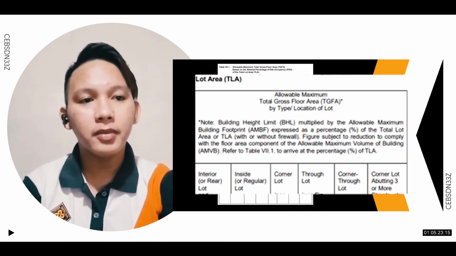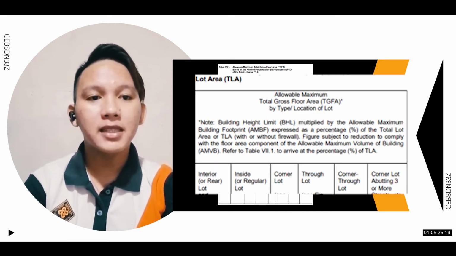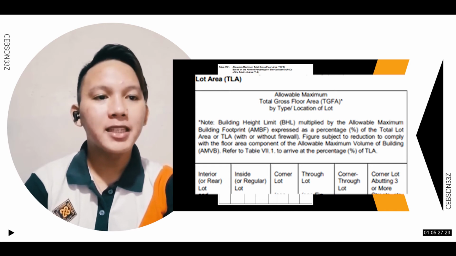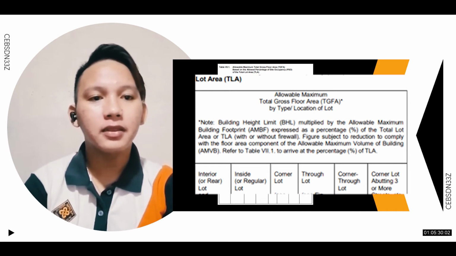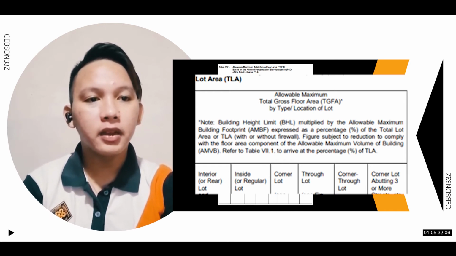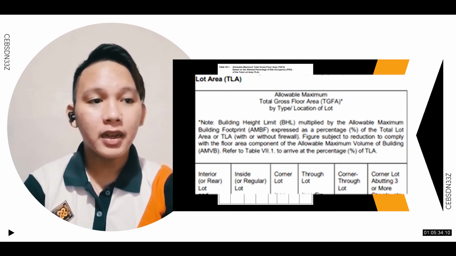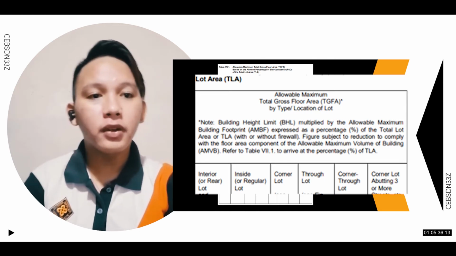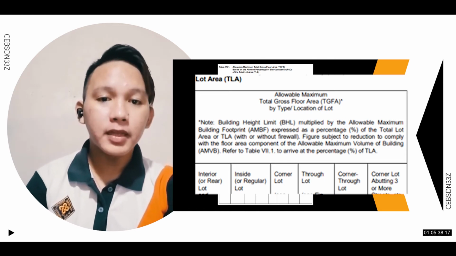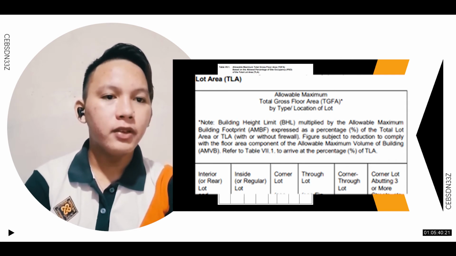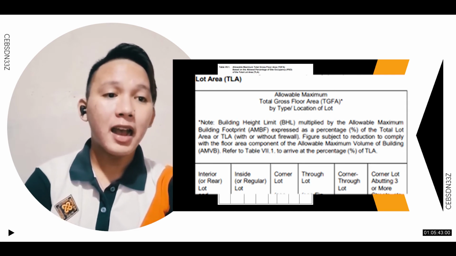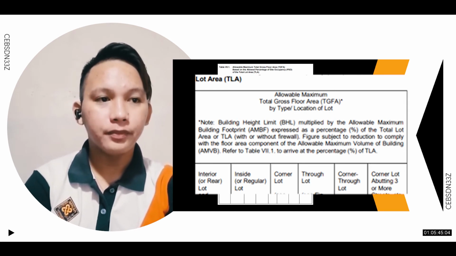Under the allowable maximum total gross floor area, or TGFA, by type or location of land, note that the building height limit is multiplied by the allowable maximum building footprint expressed as a percentage of the total lot area, with or without firewall. The figure is subject to reductions to comply with the floor area components of the allowable maximum volumes of the building. Refer to the tables to arrive at the percentage of TLA.